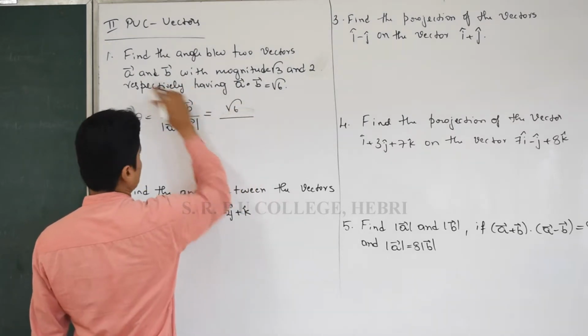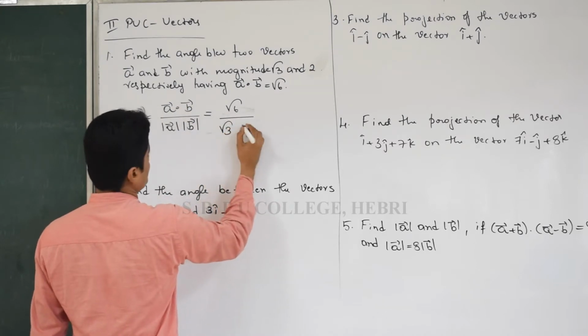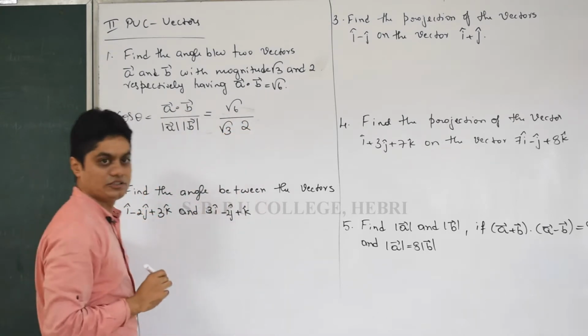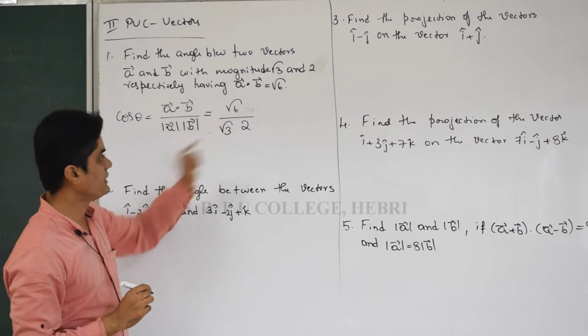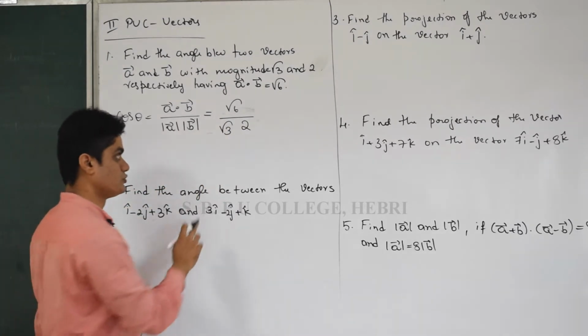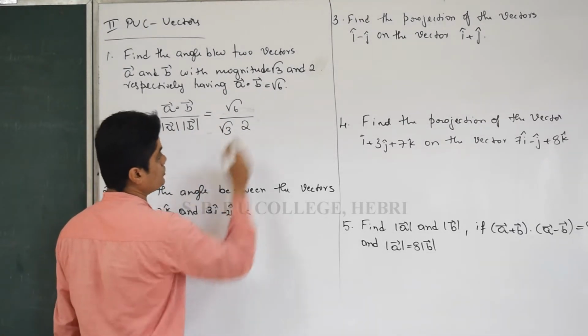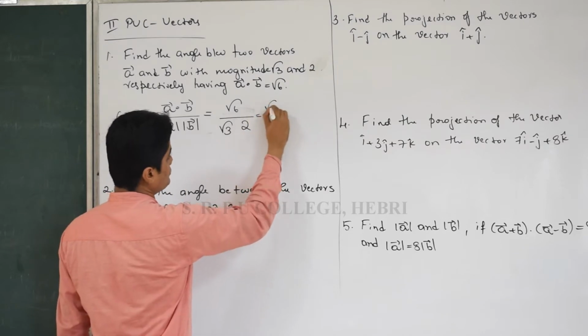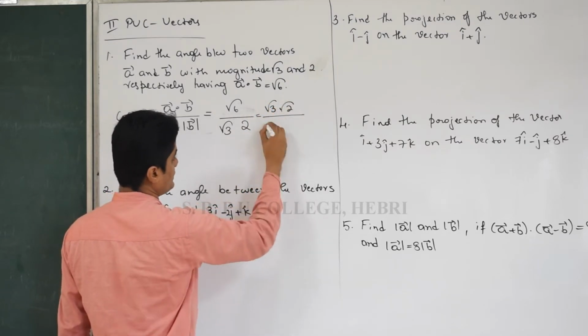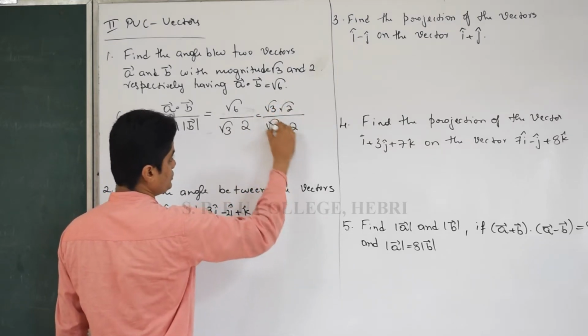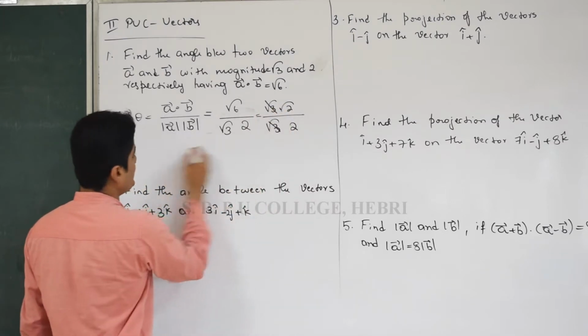What is the magnitude of vector A? Root 3. The magnitude of vector B is 2. So cos theta is equal to root 6 by root 3 into 2. The root 6 can be written as root 3 into root 2, so root 3 cancels. What is remaining?